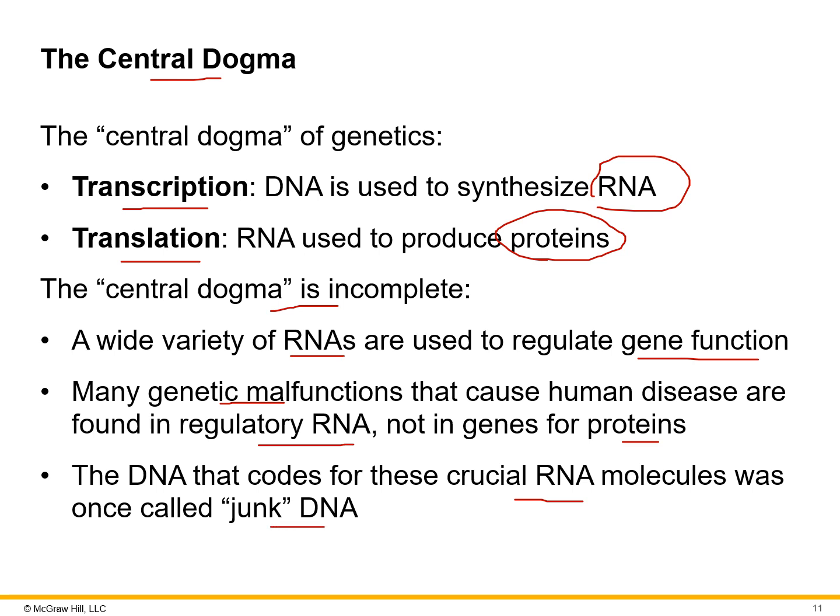So we knew that there was all this extra DNA, and it was determined to be useless or junk. But as more and more information is becoming available, we're finding that those RNA molecules play a role in regulation, or they have other functions besides just making protein.